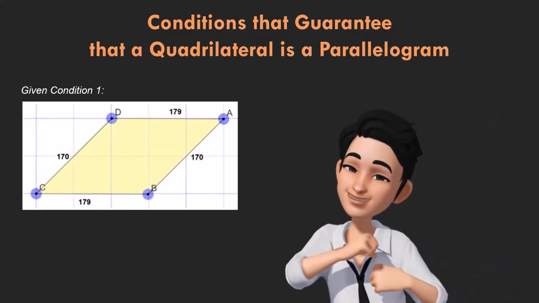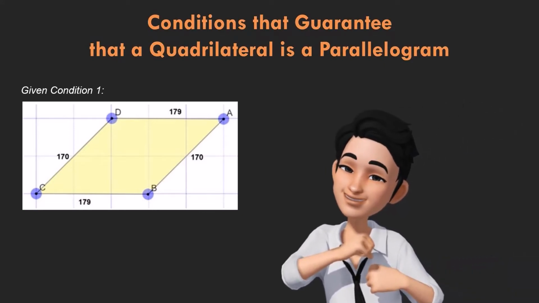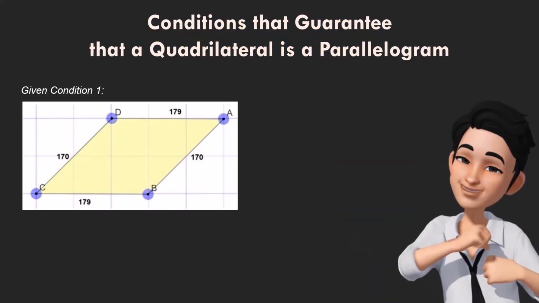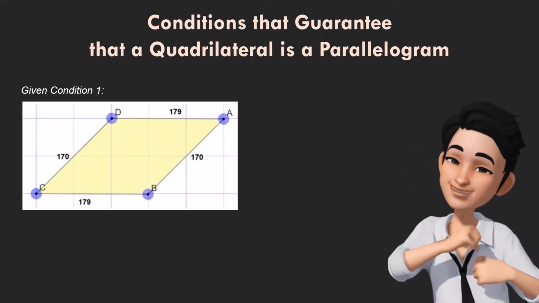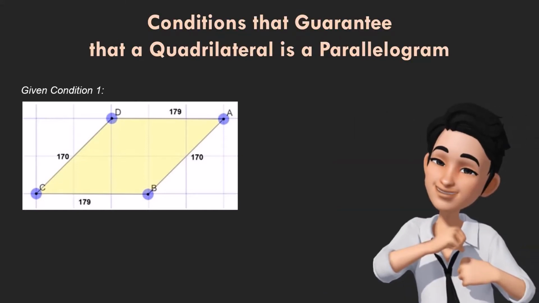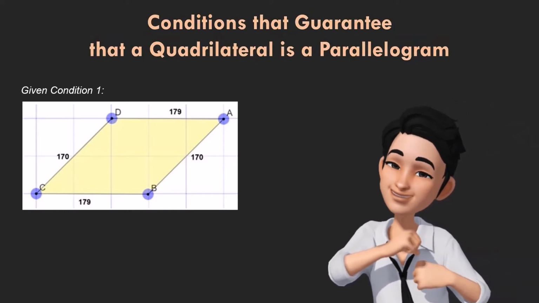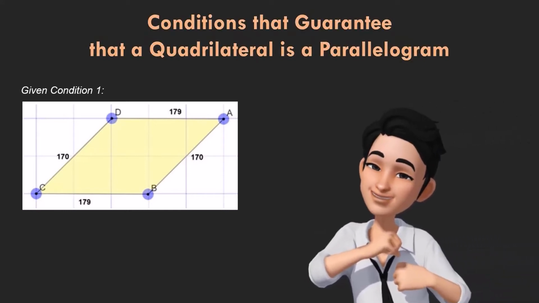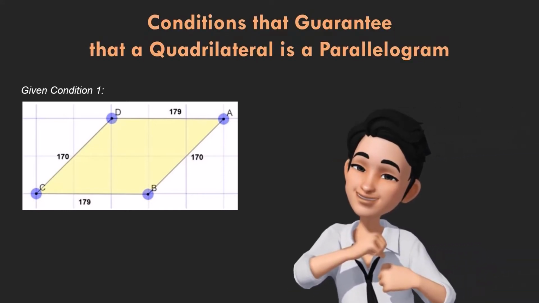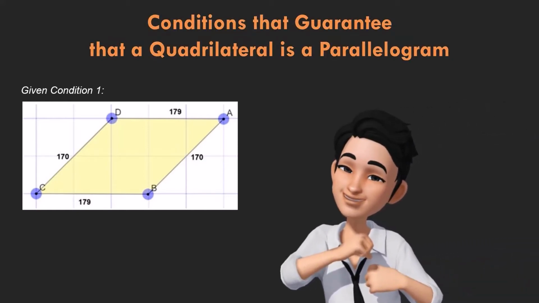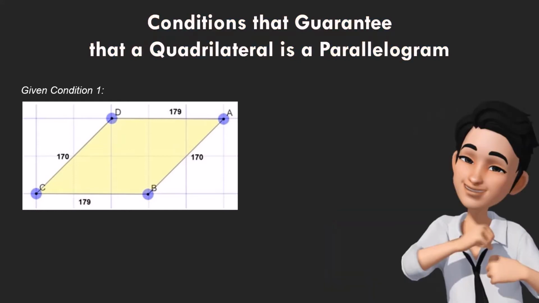Now, looking at the illustration, you have a quadrilateral ABCD with side measures 170, 179, 170, and 179 units. Notice that the side measures are given and the opposite sides measure the same, or are equal. Recalling the different properties we learned a moment ago, we can say that this given quadrilateral is a parallelogram.